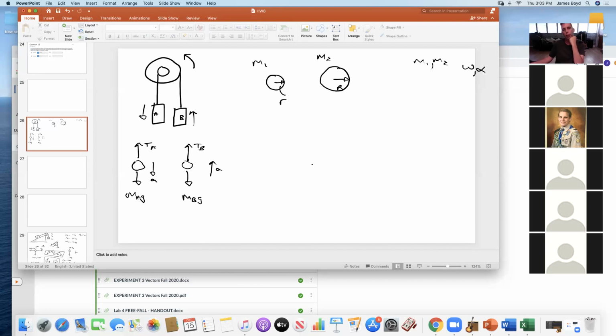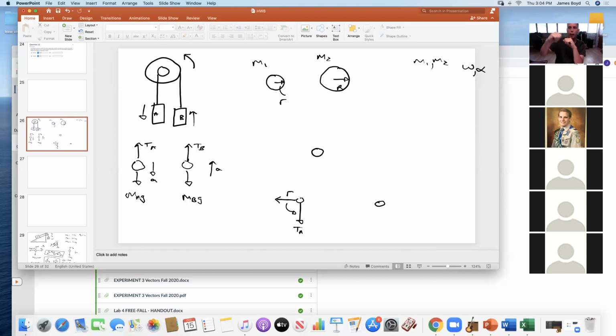And you can do this one of two ways. You could do it as one, or you could do it as two separate pulleys. I don't really care. But for this A, it's the little r, and then the tension A is actually pulling down. You can move that over. I don't care if you draw it at the tip or if you draw it here, because you need to be able to rotate it.